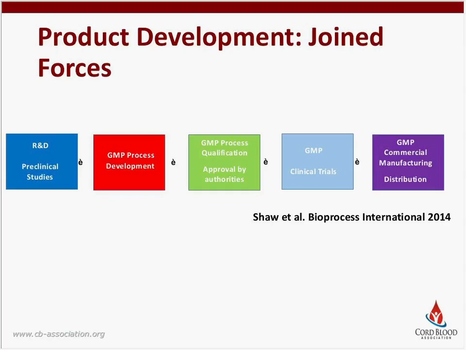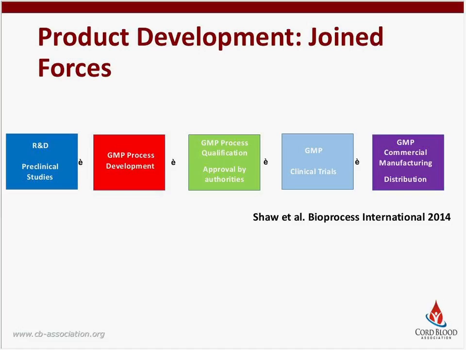And we should develop together with companies or academic institutions a GMP process and the development, which is allowing us studies. We need a very good GMP process and a qualification and an approval by authorities, as for instance an IND approval.